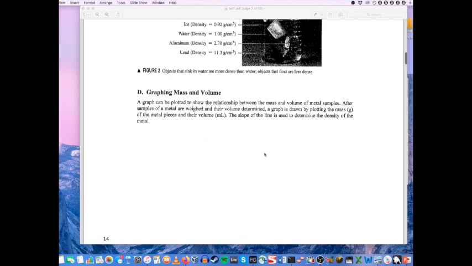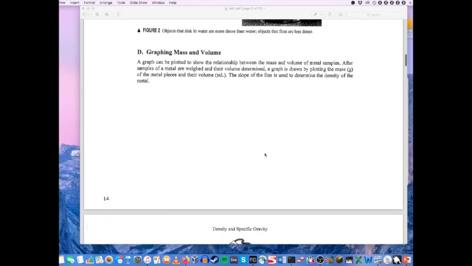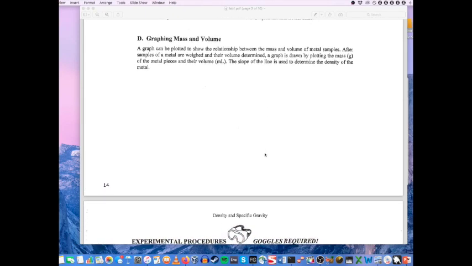You can also determine the density of an unknown solid by plotting a number of mass and volume measurements and then taking the slope.